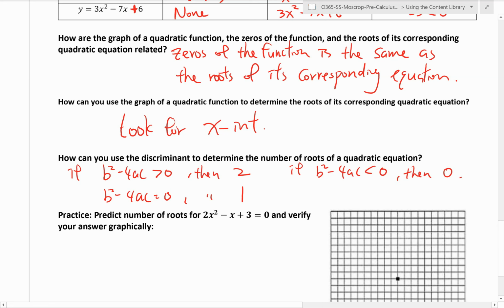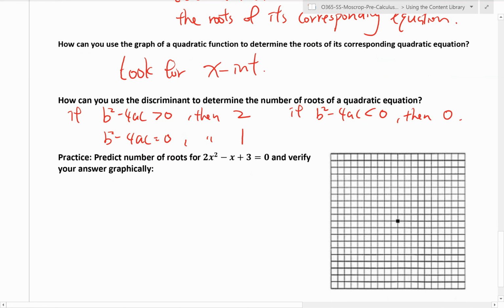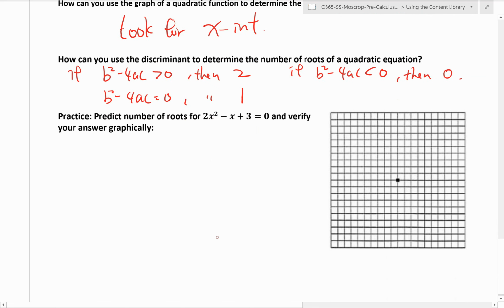Right? Then none of them. We don't have any roots. You don't have any zeros. You don't have any x-intercepts. Okay. So there you go. Predict the number of roots for this, and then verify your answer graphically. Okay, so good luck. Give it a try.